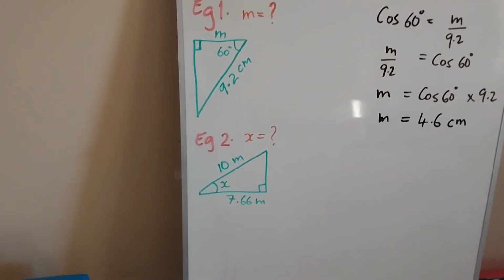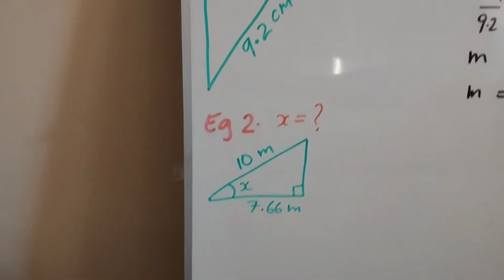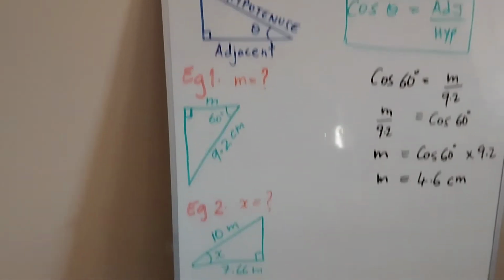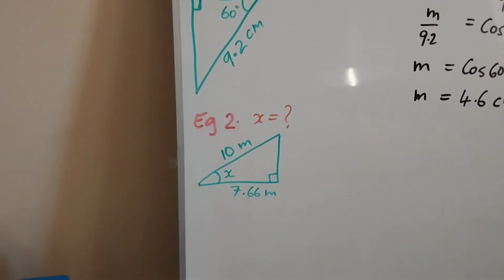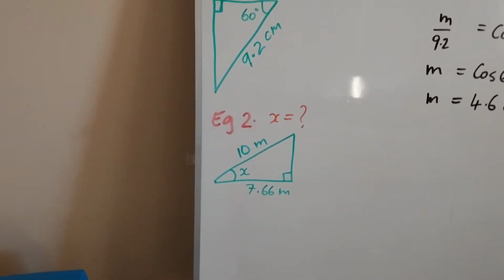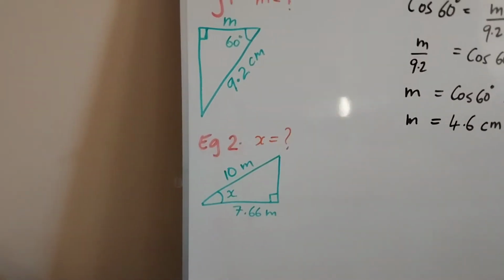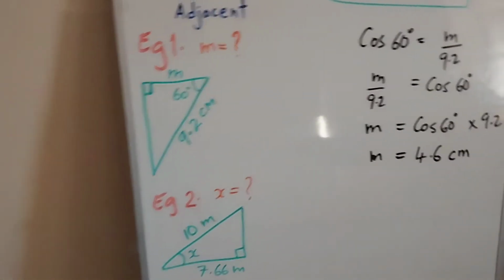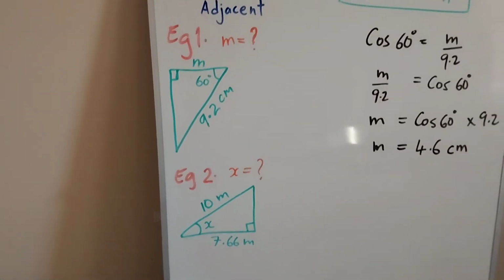Let's look at example 2, finding the size of the unknown angle x using the cosine ratio. We cannot use the sine or the tangent ratio over here because we are dealing with the adjacent side and the hypotenuse. So we will have to use the cosine ratio. So we begin with the formula.